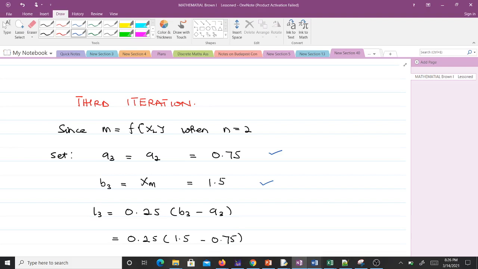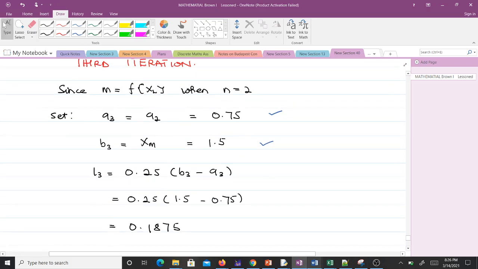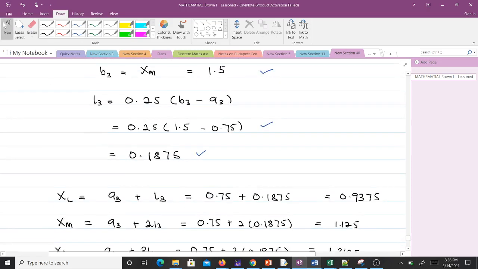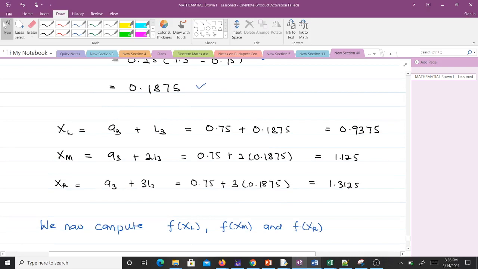Then B3 minus A3. And it is B3, A3 because we are in the third iteration. So N is equal to 3. Making substitution, we will have this. And computing this gives us 0.1875. So we now have to find XL, XM, XR.